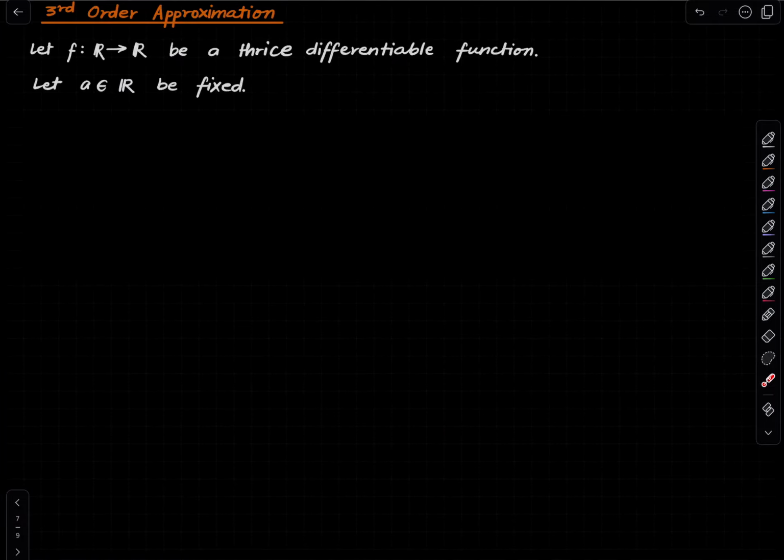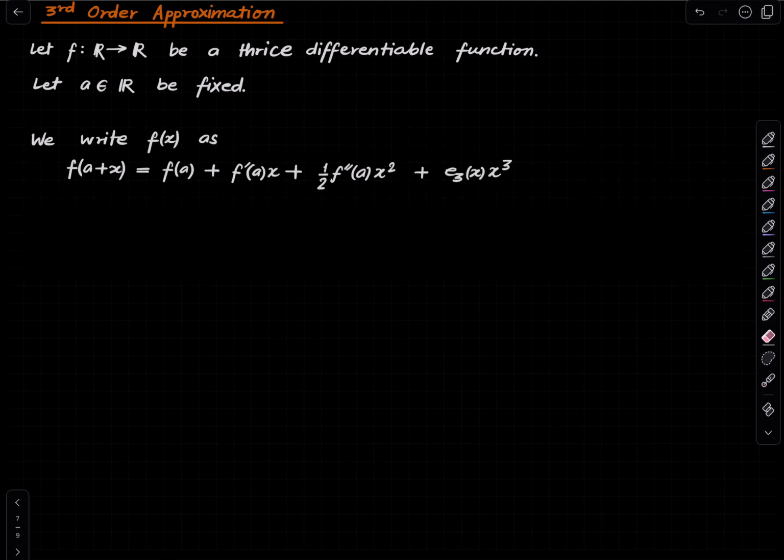So this time, again, we have a function from reals to reals, which is thrice differentiable. A is a fixed point in the domain, and suppose we write f of a plus x as that. So this time, f of a, f prime a x, and half of f double prime. And this half should now look motivated because of the previous, the second order version.